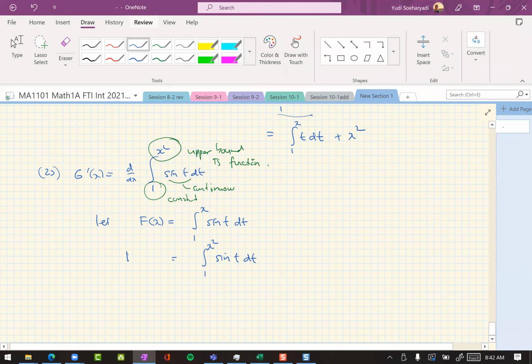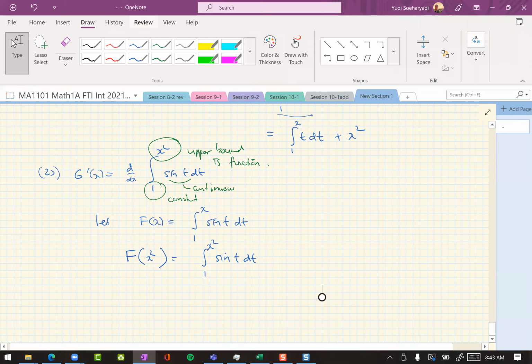F of what? So what is the inside? What should be the inside? Is it x squared? Replace this.